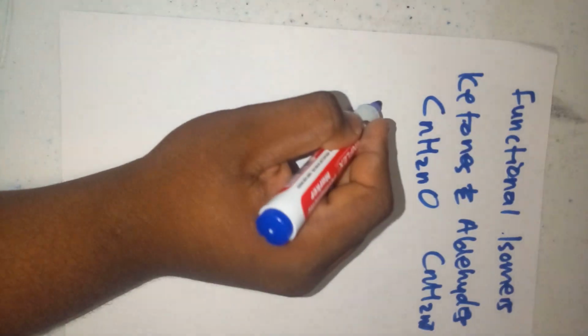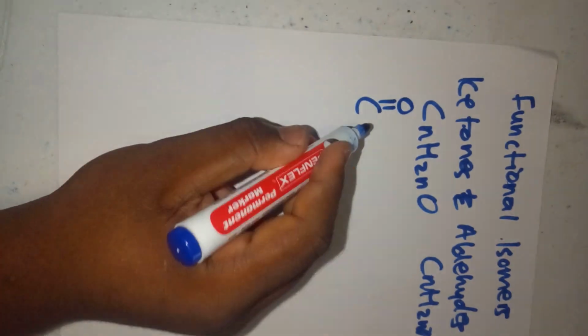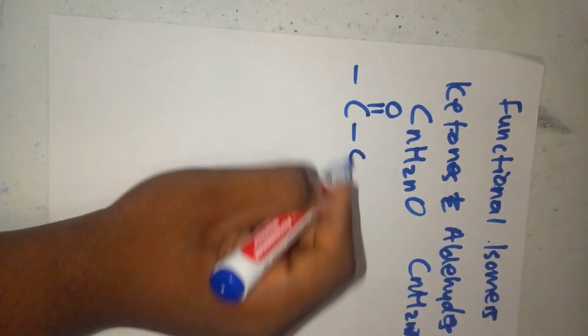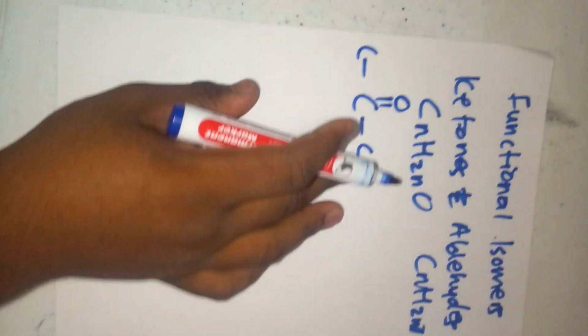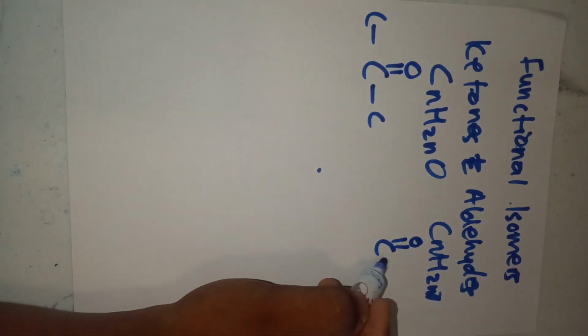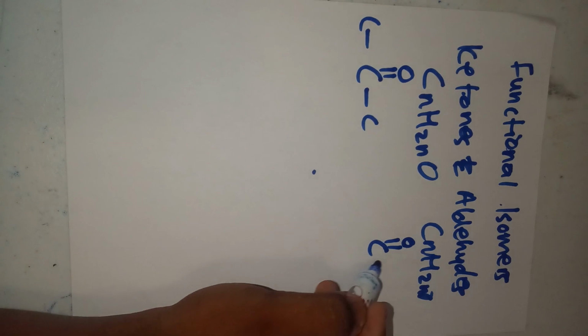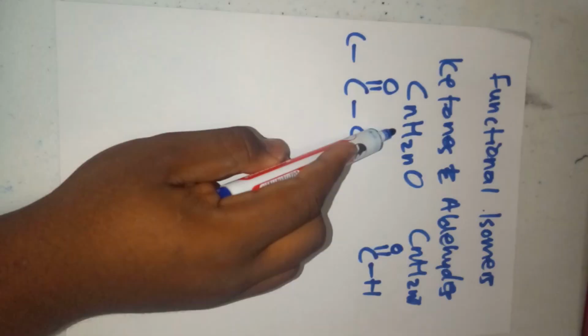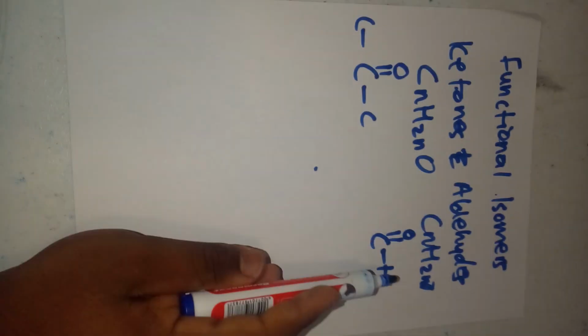You know that ketones have the carbonyl group, which is the functional group. This carbonyl group is attached to carbons on the other sides. But this one is called the formyl group. Formyl group means that the carbonyl is attached to a hydrogen. Is it fine? That's the revision. So ketones and aldehydes have the same molecular formula but different functional groups.